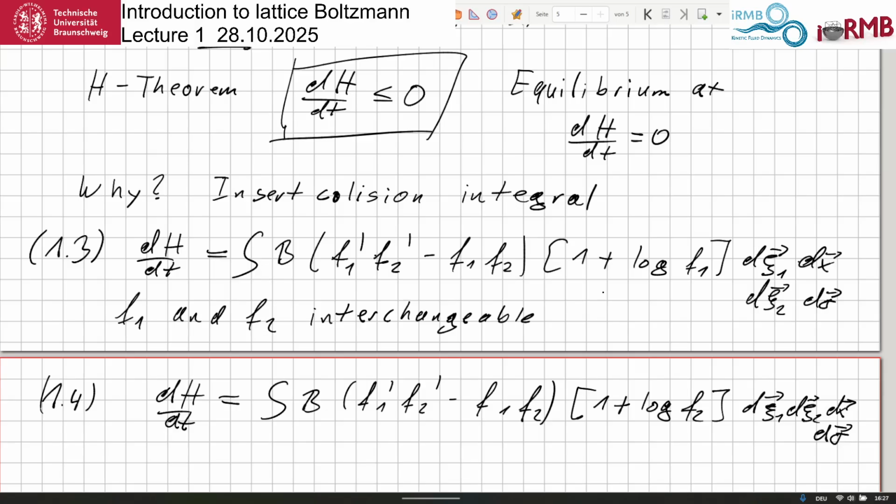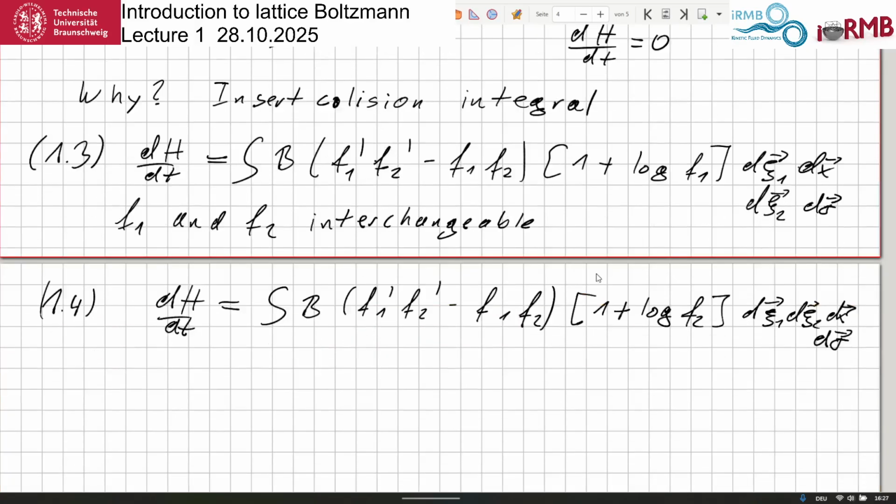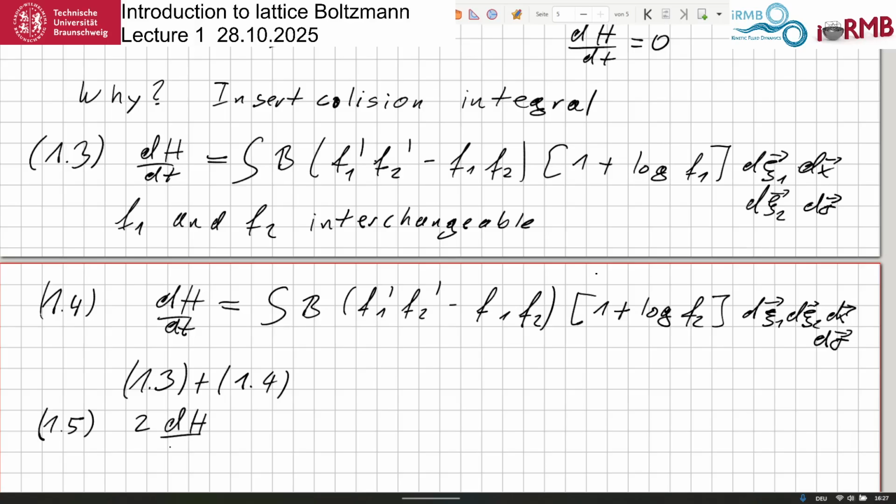So now we have dS2, and what we can do now is 1.3 plus 1.4. Bear with me, this will be very interesting. And this gives us 1.5, so we add both of them together, so we have twice the change of eta. And here we have b times (f1' f2' minus f1 f2), and here we have 2 plus, and now I write the logarithm.